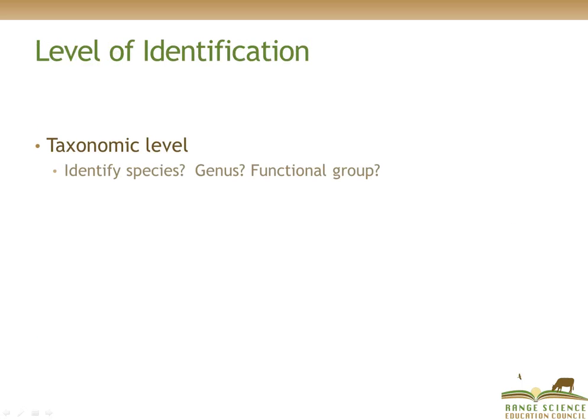Next, let's consider the level of identification. Usually, when we're talking about taxonomic level, oftentimes we focus on species, whether the species is present or absent in the quadrat or plot.